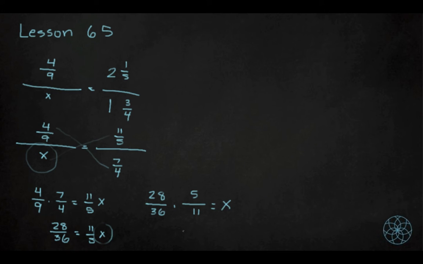And if you multiply, simplify, you should get 35 over 99. So that will be the answer to that problem. It just means you need to stay very organized and know which step to do first. So first, change to improper fractions, then simplify any multiplications you can so that you can solve for x, get x by itself, and then simplify your answer.